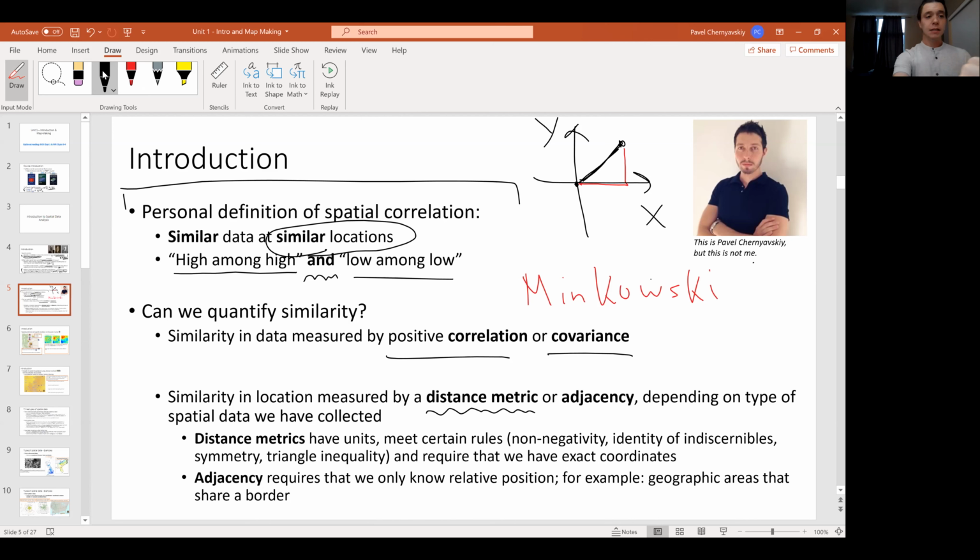The other one, however, we can measure similarity in location also using adjacency. Adjacency requires that we don't need to know how far apart things are. We only need to know that they are near or directly near each other, in that they're touching. They share a border, or even more formally, sometimes it's one or two vertices.